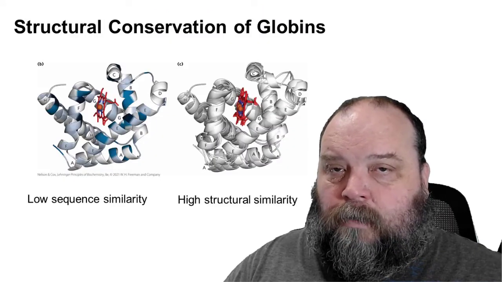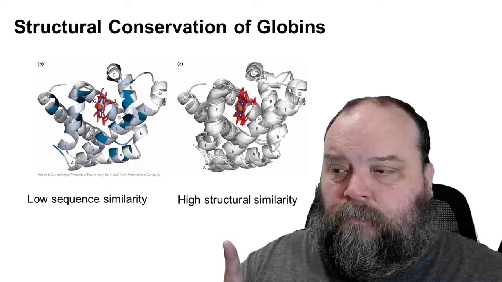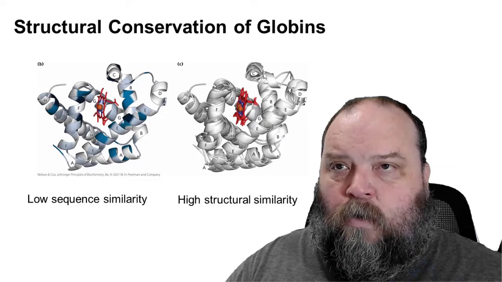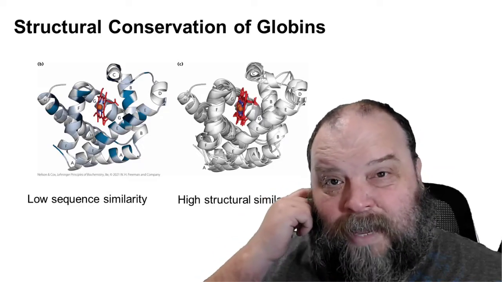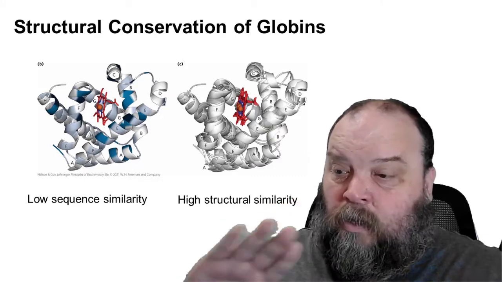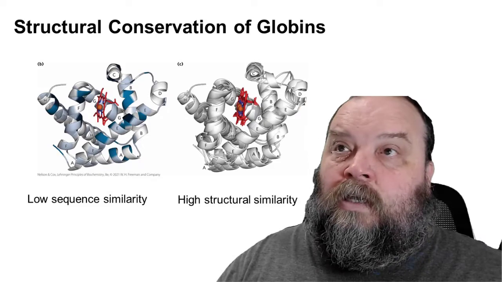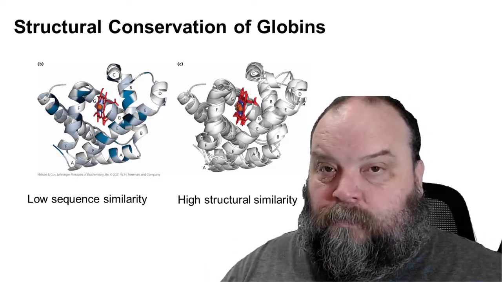And that's okay. Figure A, B on the left there, the highlighted areas of blue, low sequence similarity. These are the areas where whatever amino acid's there, as long as it has the correct phi-psi angles between the amino acids to give us an alpha helix, doesn't matter what's there.